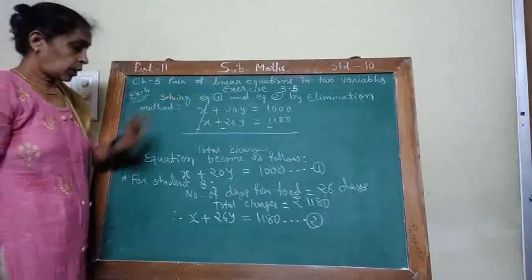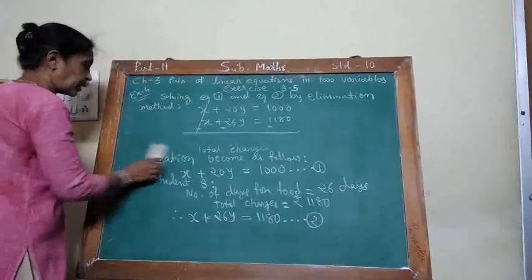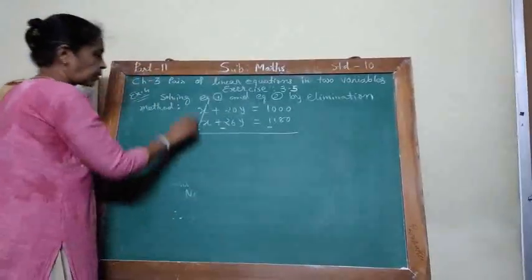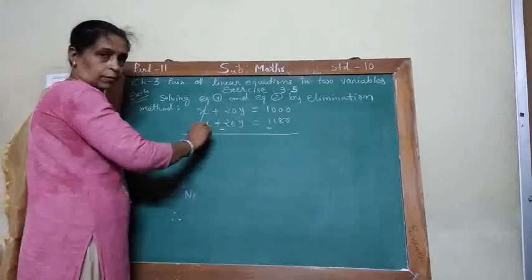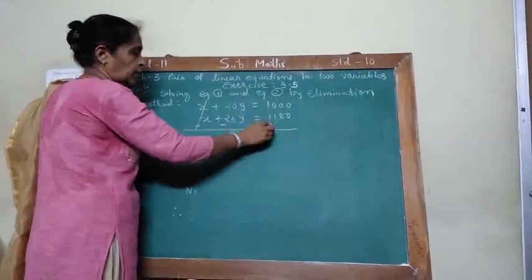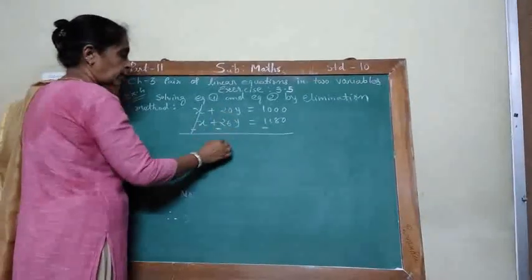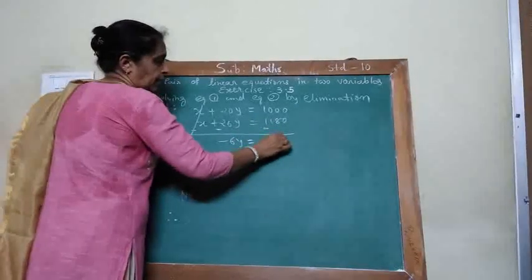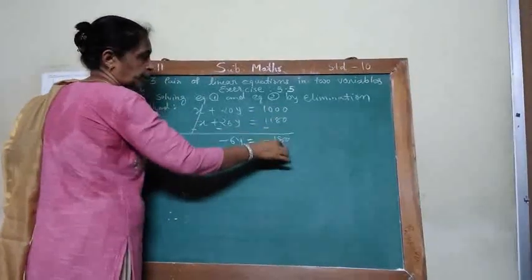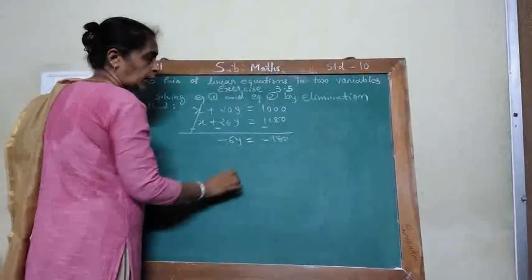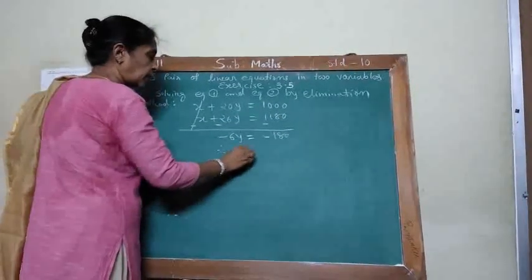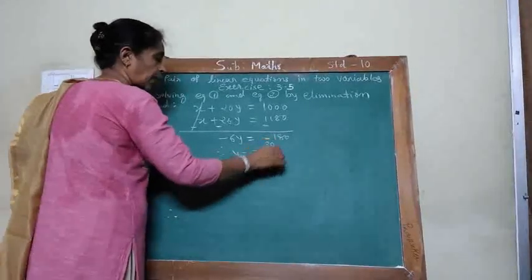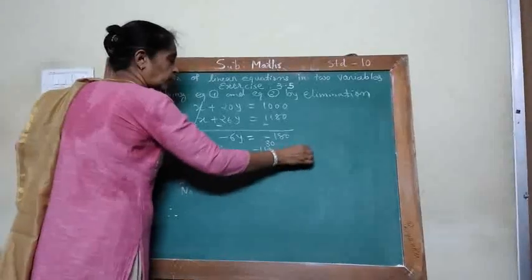The easiest way is that x is easily eliminated, only you have to change the sign. Both are positive, so I take negative here: plus becomes minus, plus becomes minus. Minus 6y is equal to minus 180. Therefore y is equal to minus 180 upon minus 6, minus minus plus, so it is equal to 30.